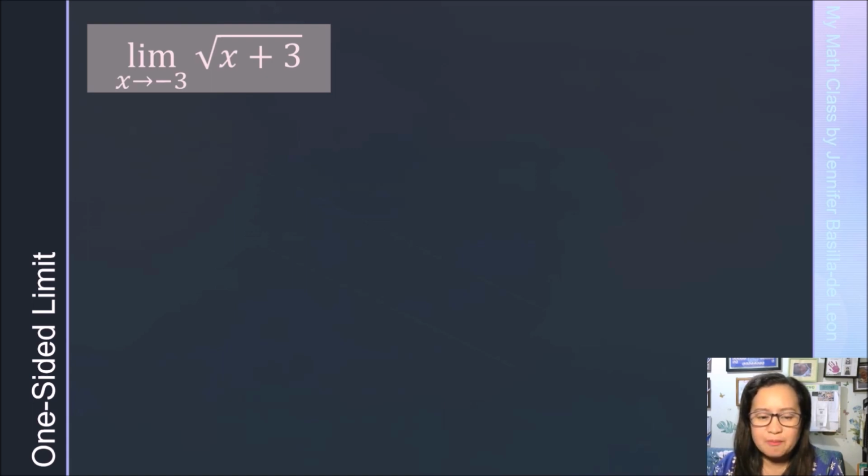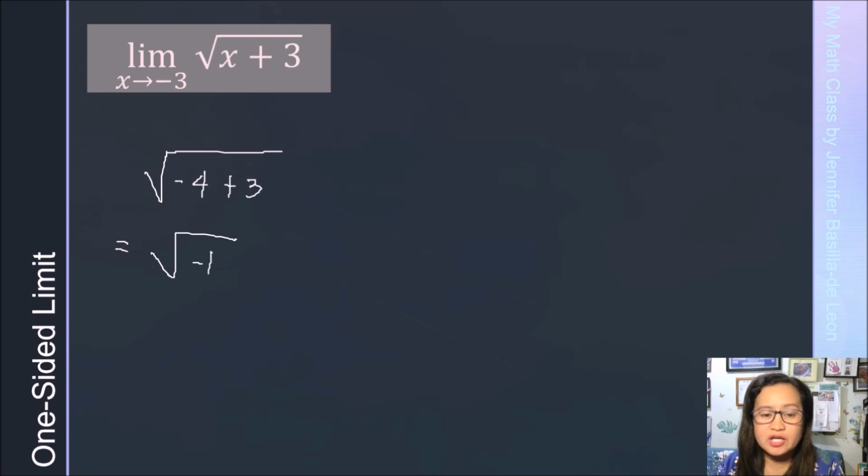So, for example, if x is negative 4, we would have negative 4 plus 3, which when simplified gives us negative 1. So in this case, the given function does not exist if we have a value that is less than negative 3. So in order to solve this, we have to redefine the given expression.